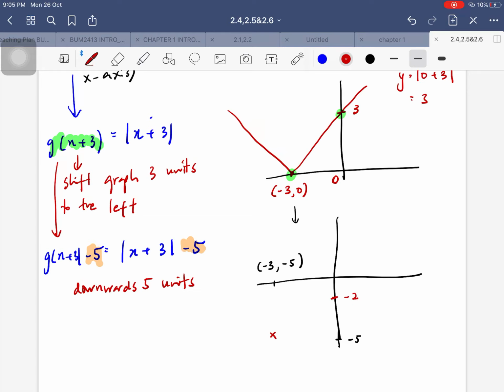For the intercept, I'm going to have 3 minus 5. So that is going to be a value of somewhere over here. So let's say it's going to be -2. So therefore, my function is going to look something like this. Okay, so that is going to be my function. Of course, my sketching over here doesn't really represent what should happen because the scale is not the same.